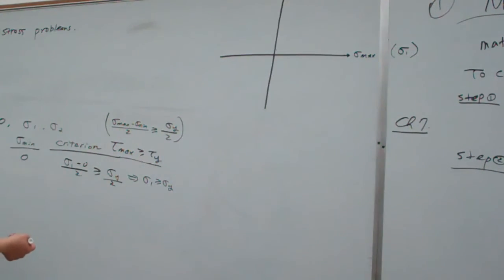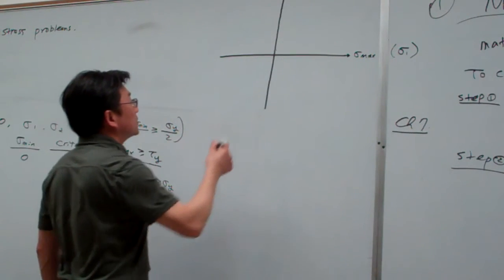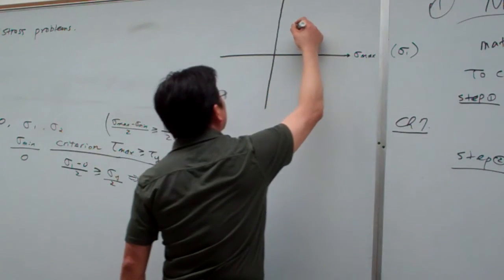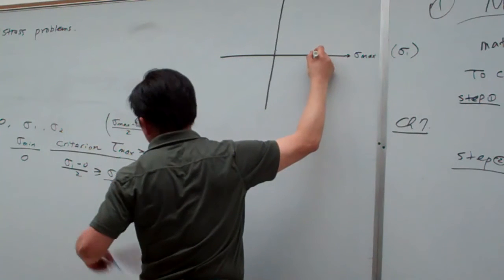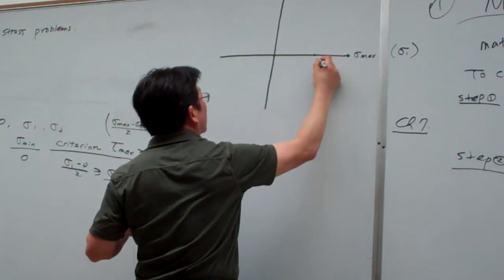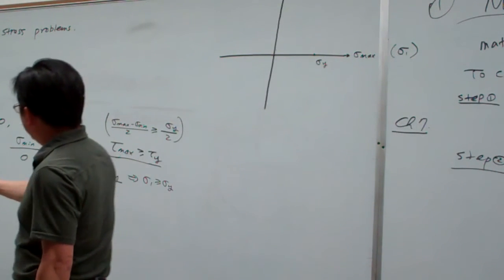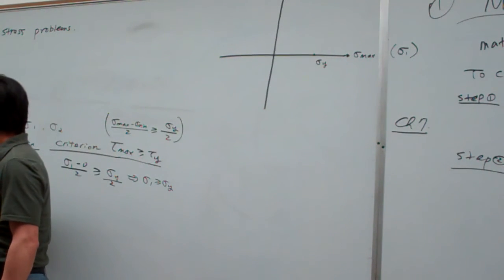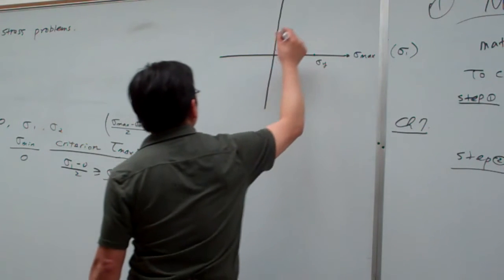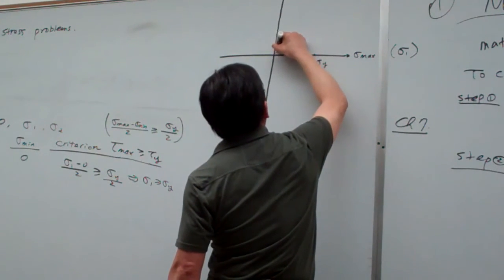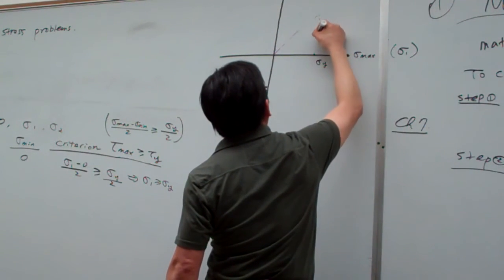So for the first condition, in this plot, this is the sigma y. For the condition where sigma 1 is greater than sigma 2, that means in this region here.